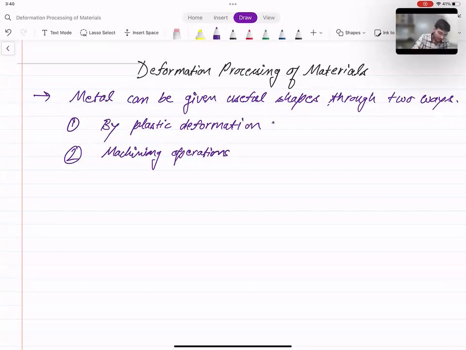So here mass and volume remain constant and metal is displaced.